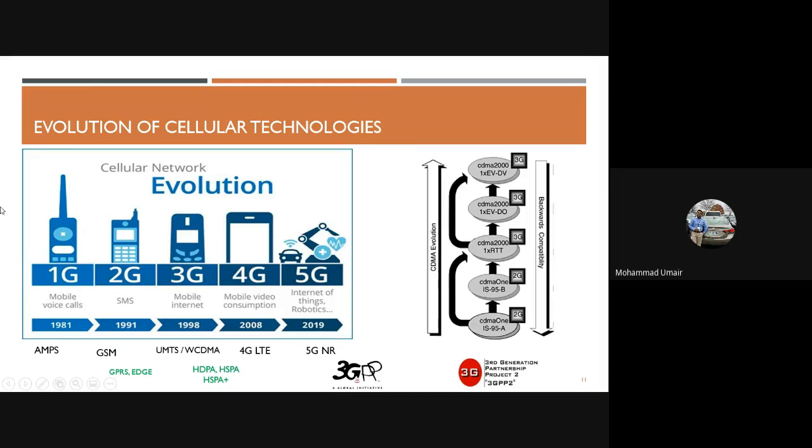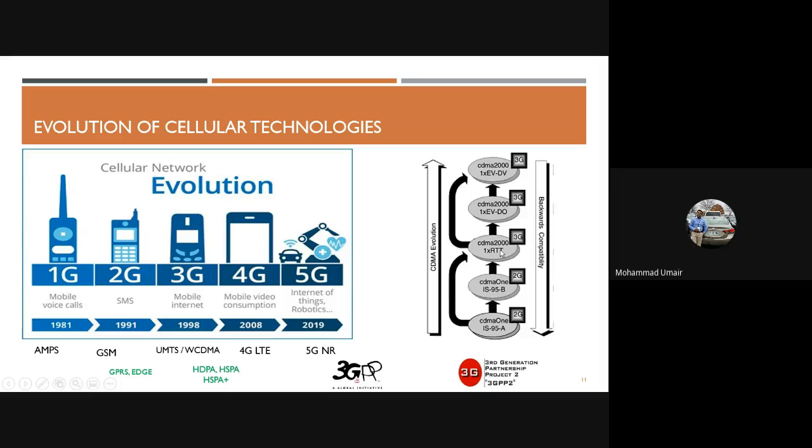This evolution that we talked about is called the 3GPP evolution, because there are two families of mobile technologies existing in the world. One is called the 3GPP family, which is GSM, UMTS, 4G LTE, and NR. In parallel, some countries had a different technology family called 3GPP2, which is basically the CDMA family, which started off with CDMA1, a 2G technology.